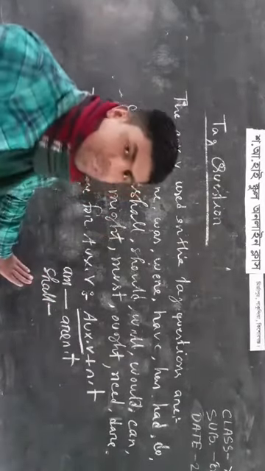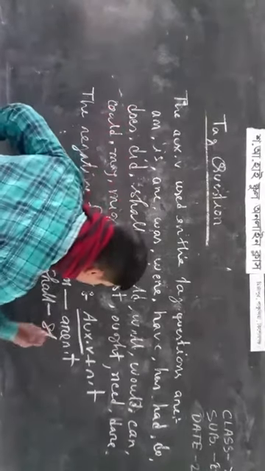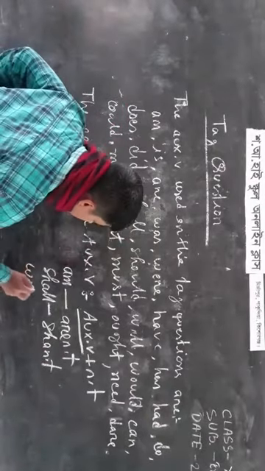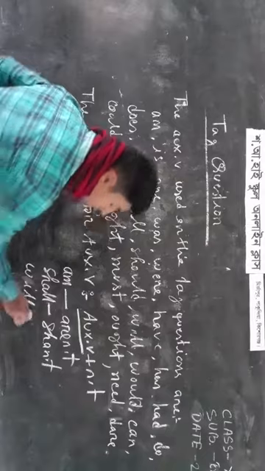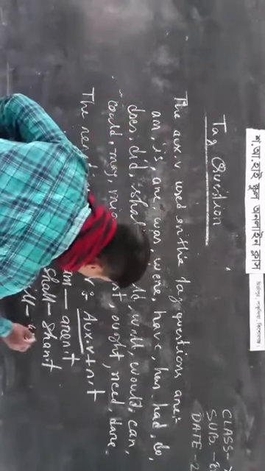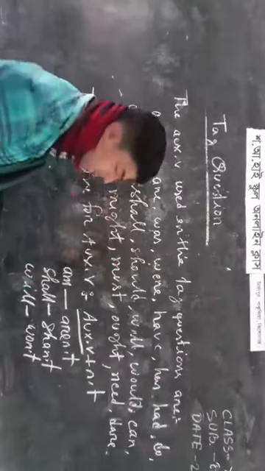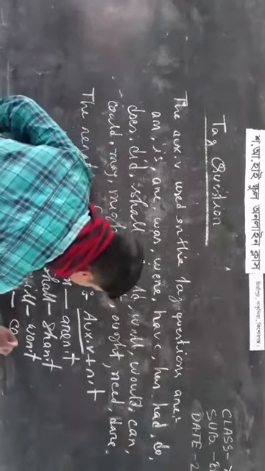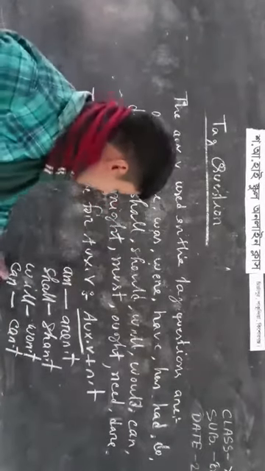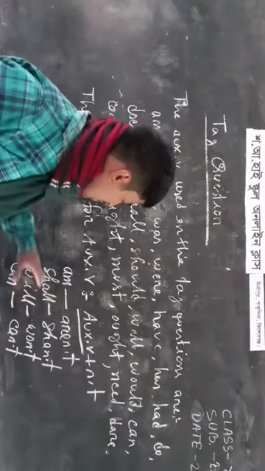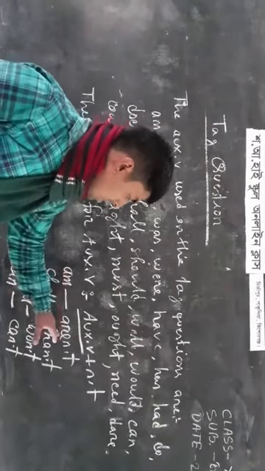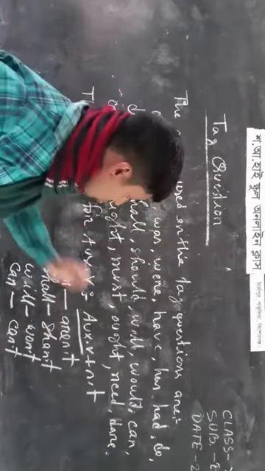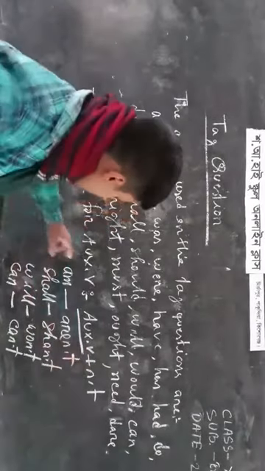If the auxiliary verb is shall, the negative form will be shan't. If the auxiliary verb is will, the negative form will be won't. And if the auxiliary verb is can, the negative form will be can't. So for every auxiliary verb you have to add n't, but four are different.